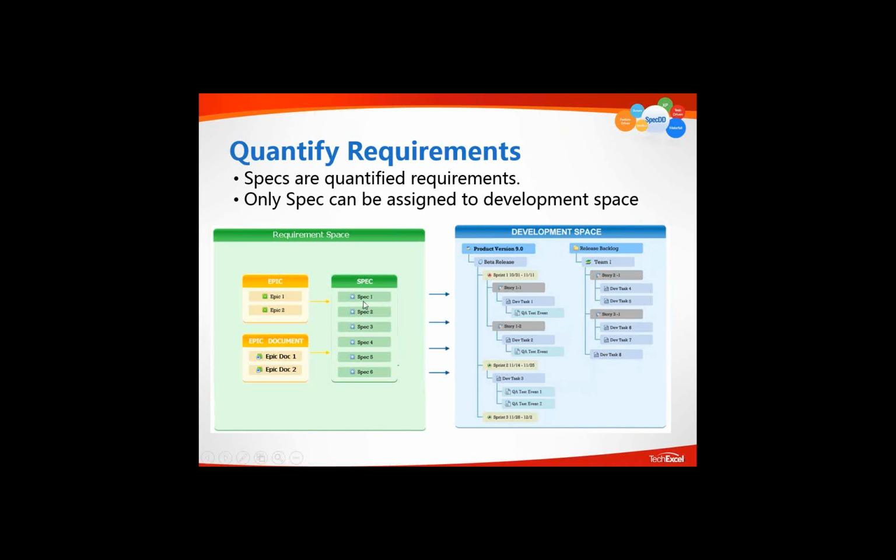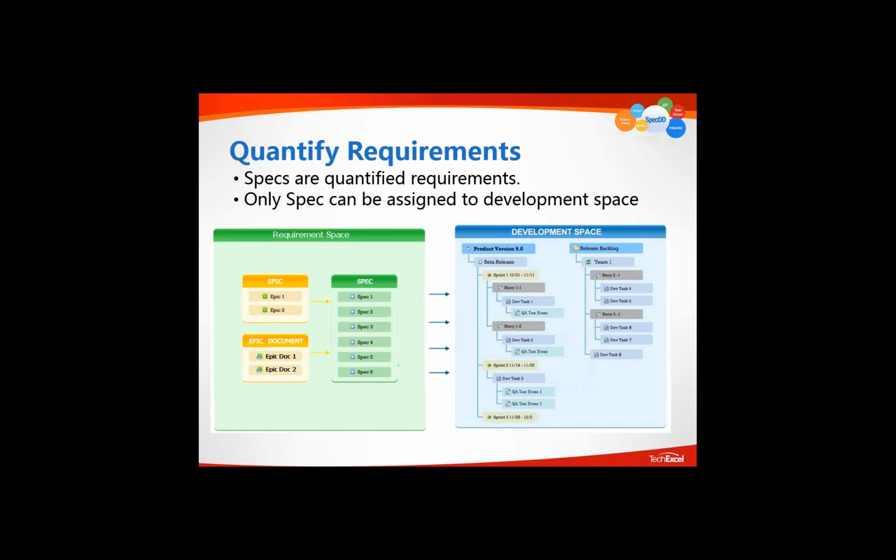Now you're ready to assign the spec into the development space to create stories. Story 1-1, 1-2 represent two copies of the same requirement spec 1 that need to be committed, assigned into development sprint number 1 in order to create the working software to contain the function represented by spec 1.